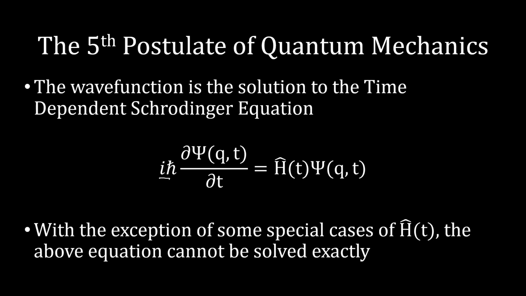And with the exception of some very special cases for the Hamiltonian, we cannot exactly solve the time-dependent Schrodinger equation to get an exact wave function. And in those cases, we would approximate it, but we're not going to talk about that here.